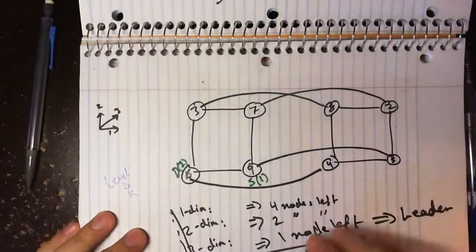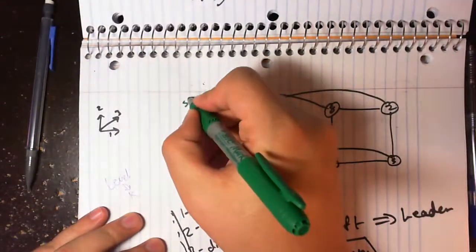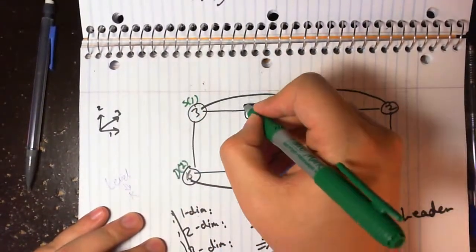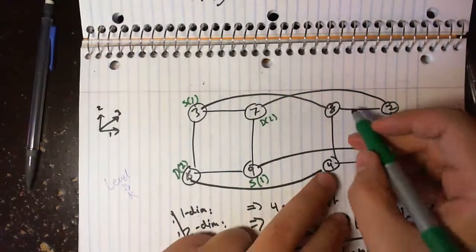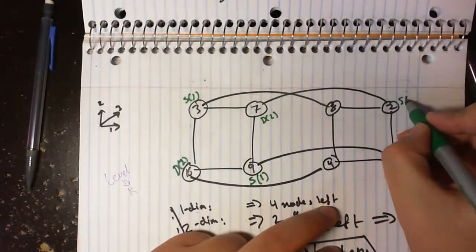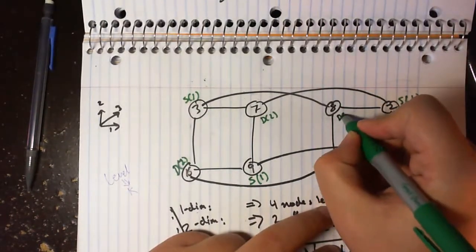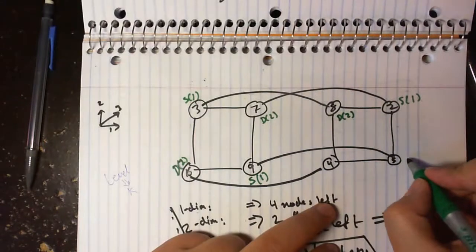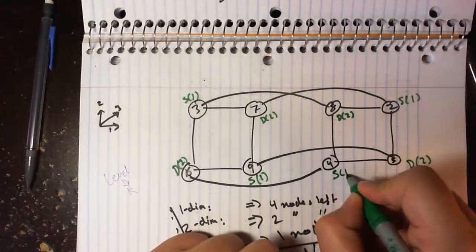So let's go around and label all of these. So 3 and 7. 3 loses, so that's an S1, and here it's a D2, and here 8 and 2, this becomes an S1, this becomes a D2, and here 5 and 4, this becomes a D2, this becomes an S1.